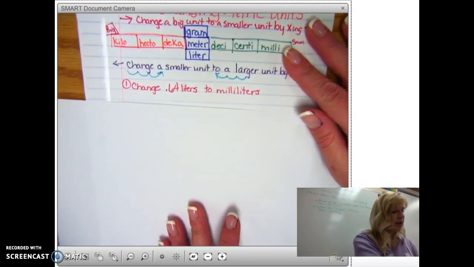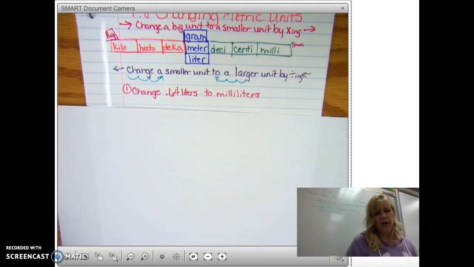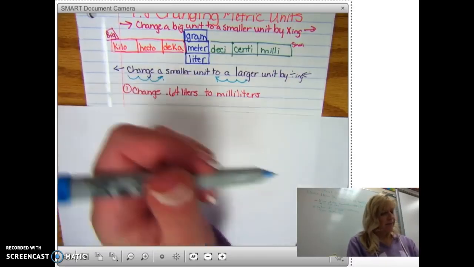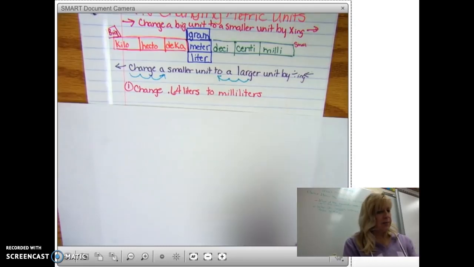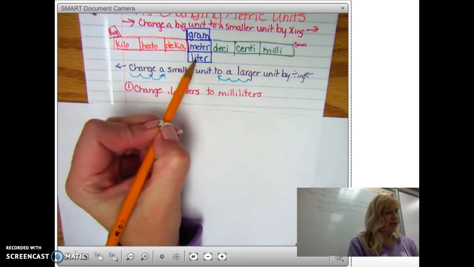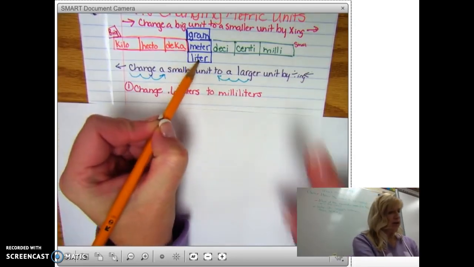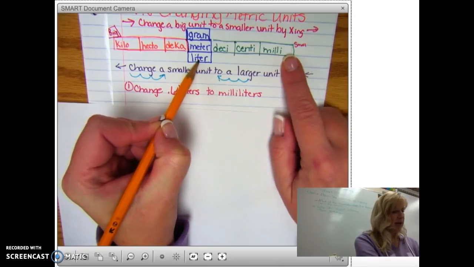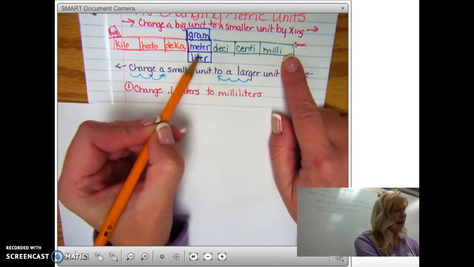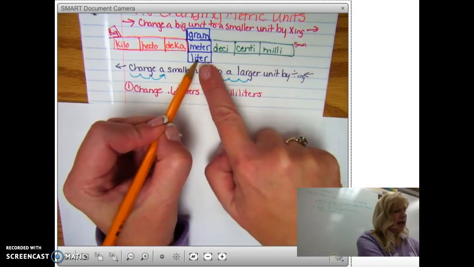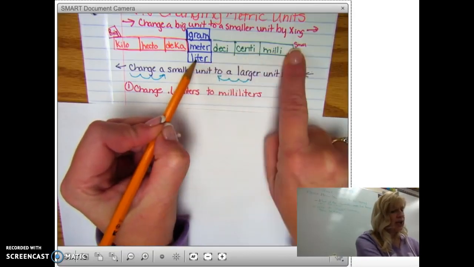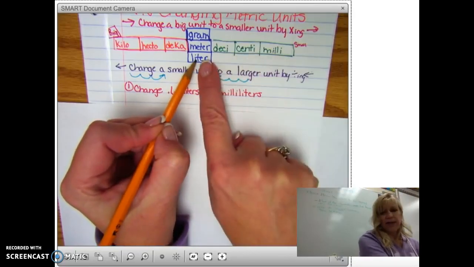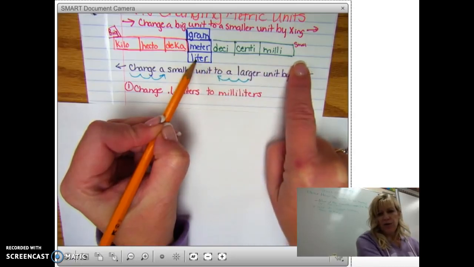So the first question I have for you to work together with is let's change 0.64 of a liter. So I am going to use my pencil. It's easier to erase if I need to. We're going to go from a liter to a milliliter. And I am at a bigger unit and I'm going to be changing it to a smaller unit. So my decimal will go to the right.